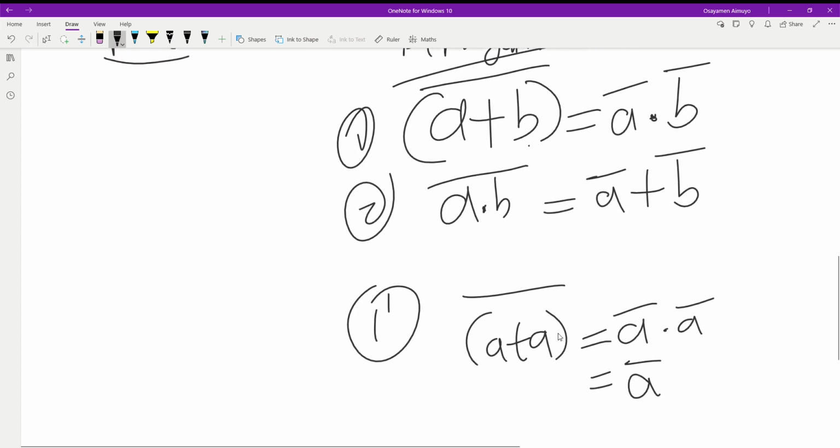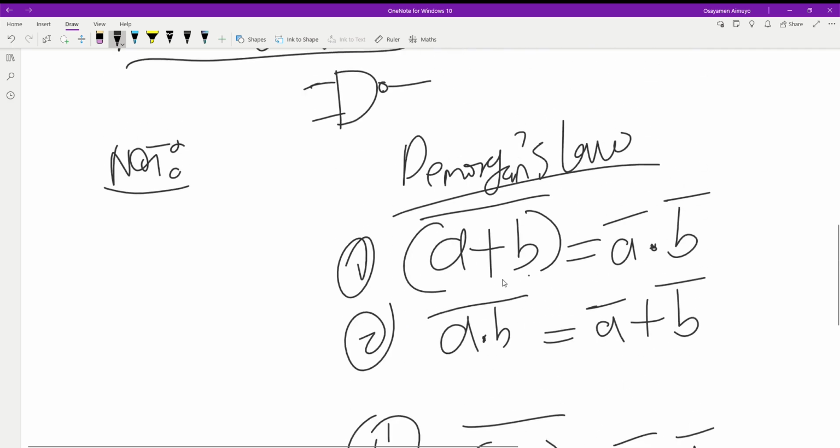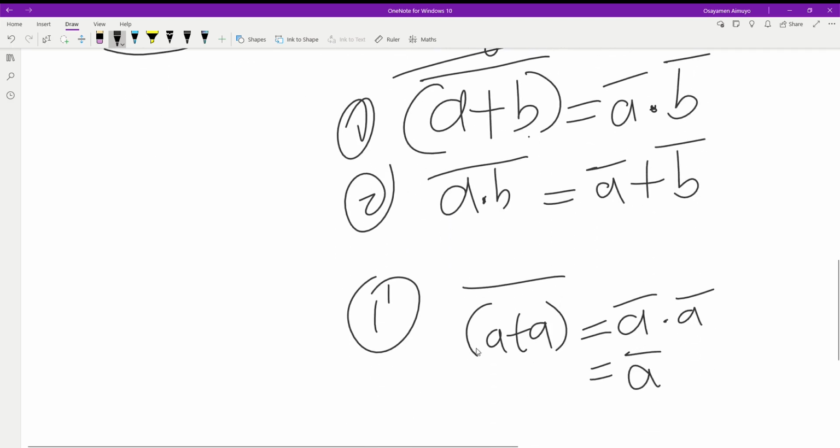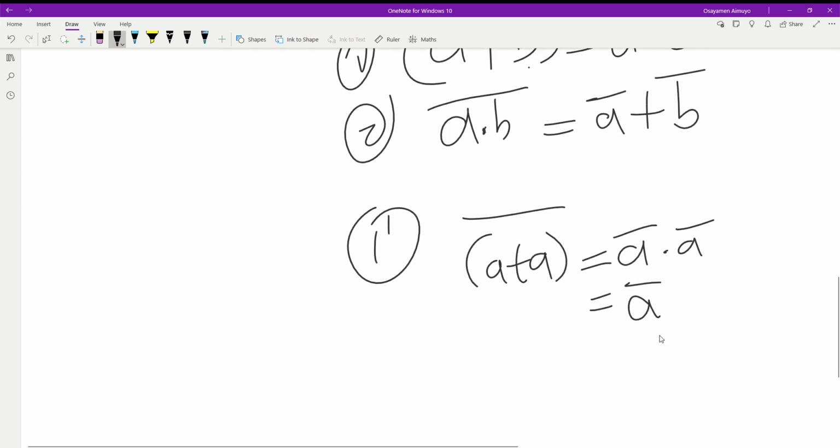Now, this is for 1 prime. Apply that to 2 prime as well. Imagine that this was a NOR gate. What this shows is that with a NOR gate we can get a NOT functionality, an inverting functionality. The same also applies to equation 2, which I will call 2 prime now.